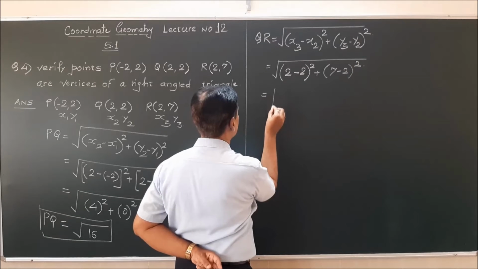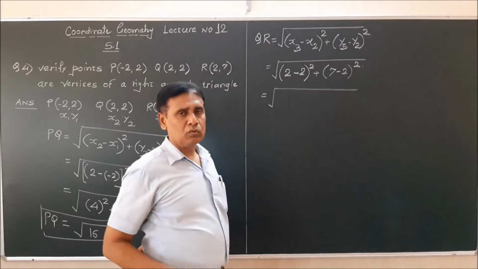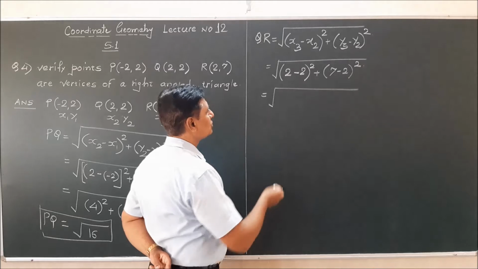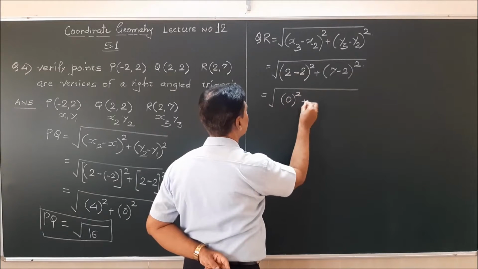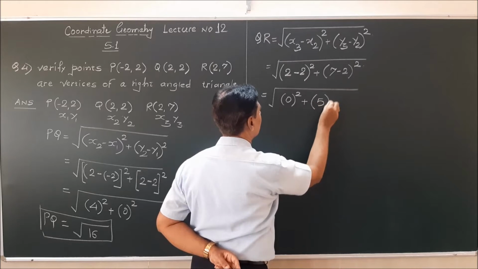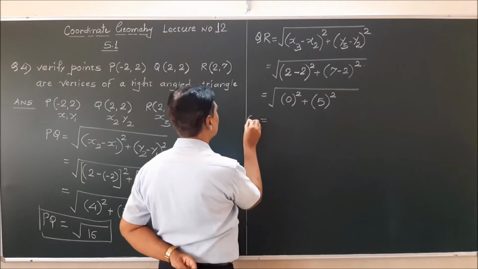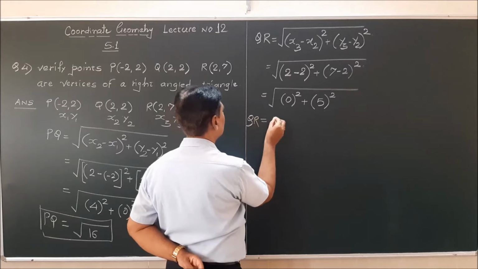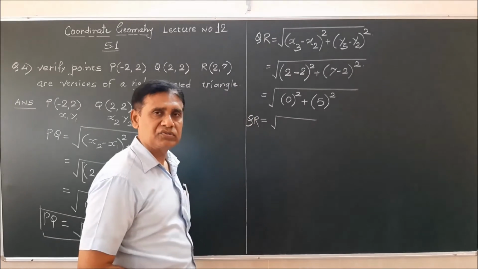That will give you the next step: 2 minus 2 is of course 0, so here we will find 0 square plus 7 minus 2, which is 5 square. So our distance QR is equal to the square root of 5 square, which is 25.